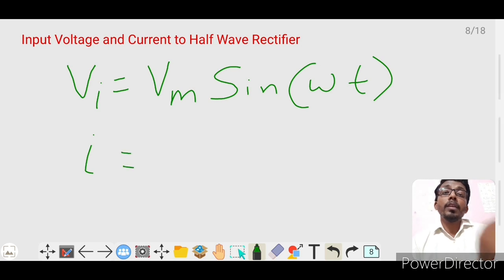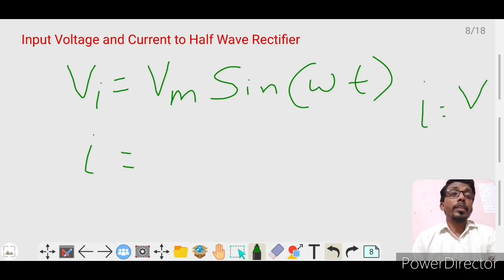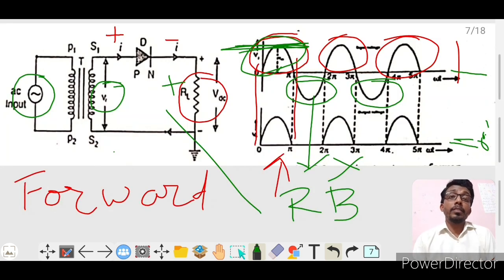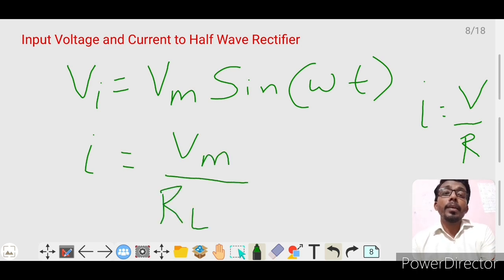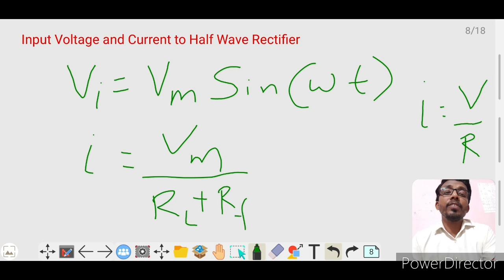So I will be equal to, now we know that current is nothing but voltage by resistance. So the same thing we are going to apply over here, but we will see whatever resistance is available with us. RL is one resistance, and one more resistance is there, that is RL plus RF. This RF is nothing but the internal resistance arising due to the diode in forward bias.